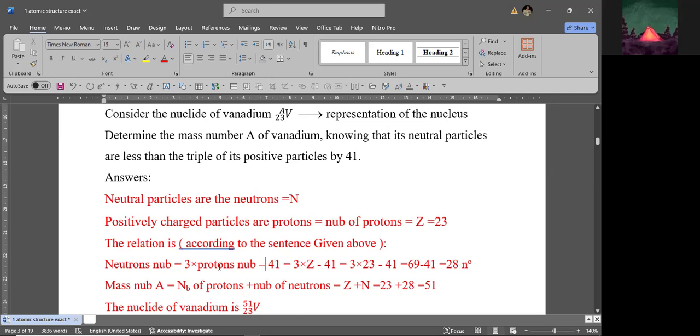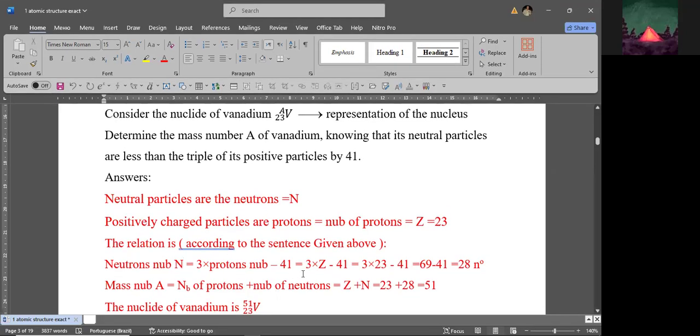Instead of the word protons number, we can write Z: 3 times 23 minus 41, we get 28 neutrons. So we transformed this sentence about the neutral particles into an equation: the neutrons number, capital N, is equal to 3 times protons minus 41.